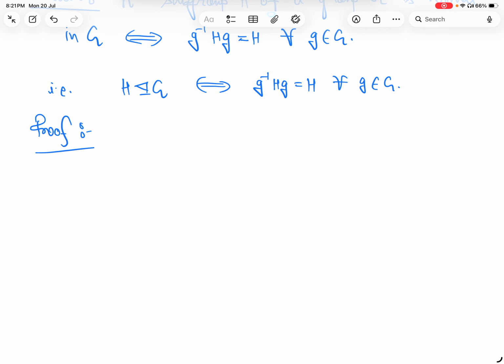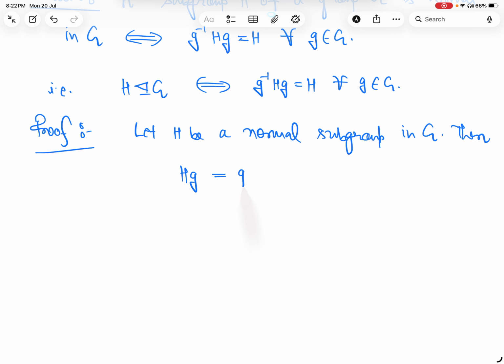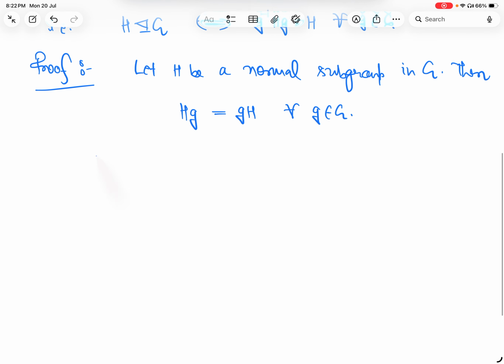So let H be a normal subgroup in G. Then we have Hg is equal to gH for all g belongs to G. So we have g inverse Hg is equal to g inverse gH.